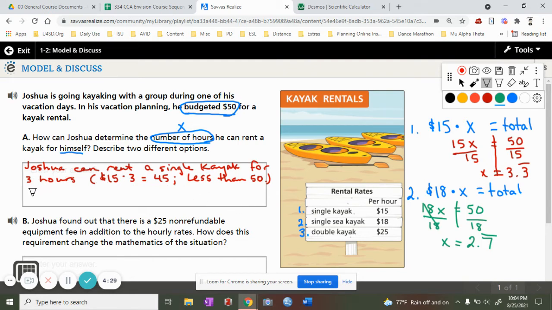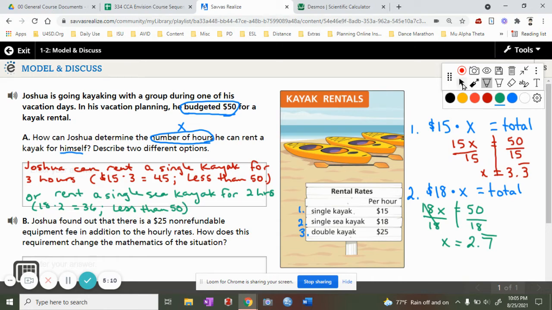So the other option is to rent a single sea kayak for almost 3 hours, 2 hours. So 18 times 2 is 36, and that's less than 50.